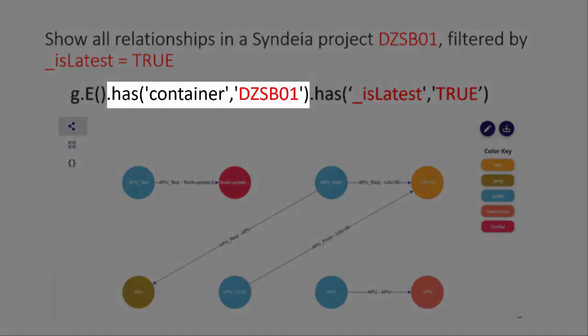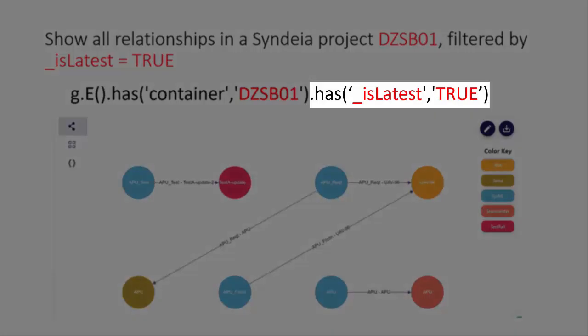We set one conditional, that the edge has a property named container with a value of DZSB01, which is the Syndeia project where my system of interest is. We set a second conditional, that the edge has a property is latest with the value true. That is, it is the latest version of that relationship that has been uploaded to Syndeia Cloud.